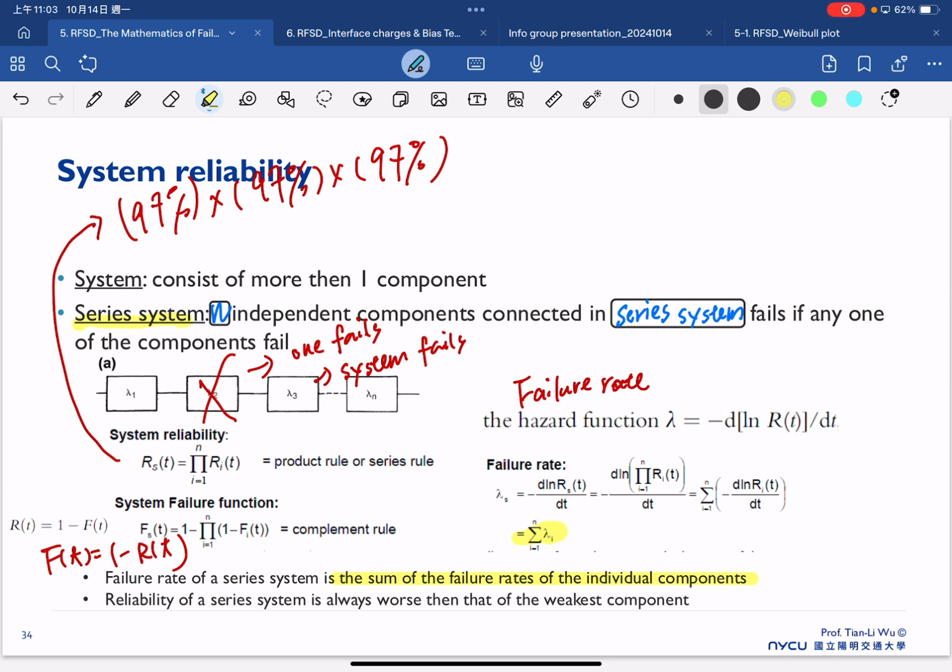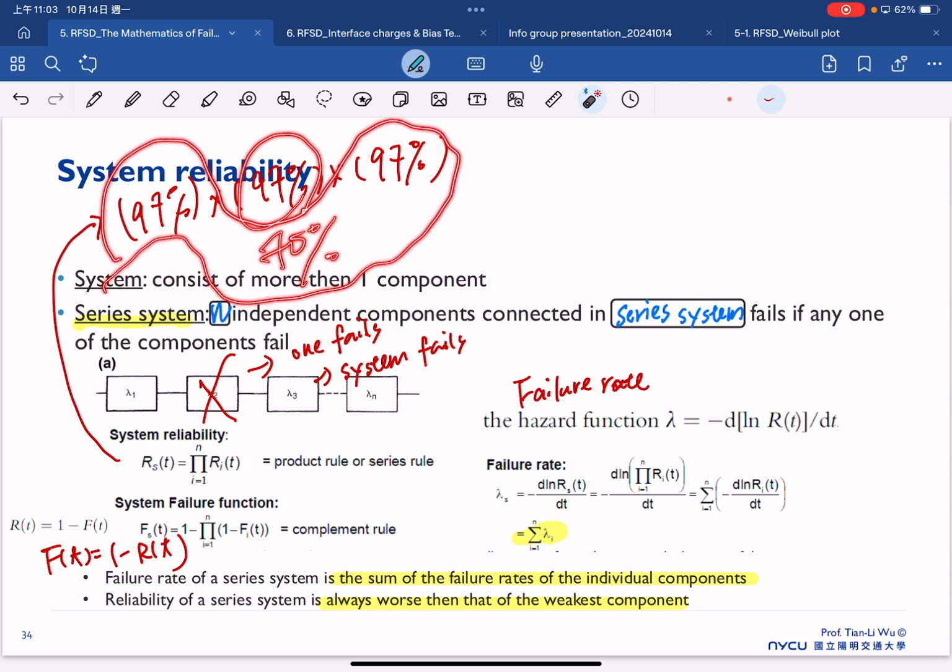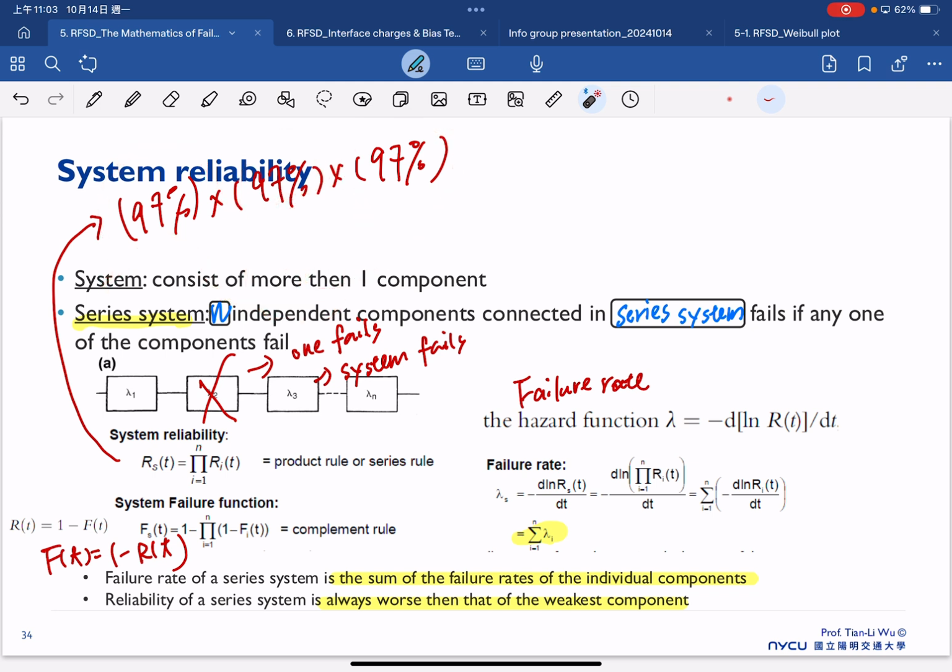The reliability of the series system is always worse than that of the weakest component, because the reliability here is a product of each reliability. So unfortunately, if you got one component with only 70% reliability, for sure this system multiplied together is always worse than the 70% here. So that's the case for the series system.